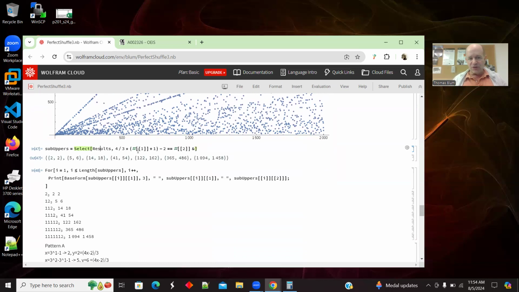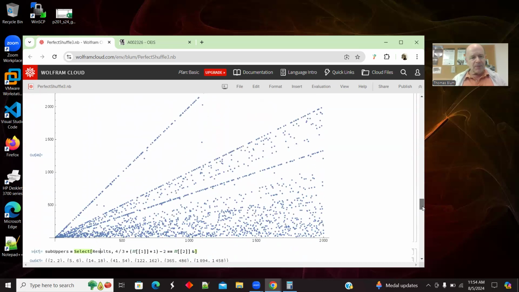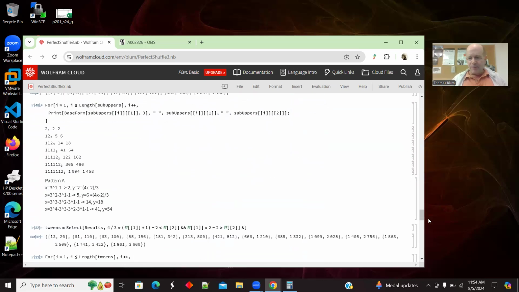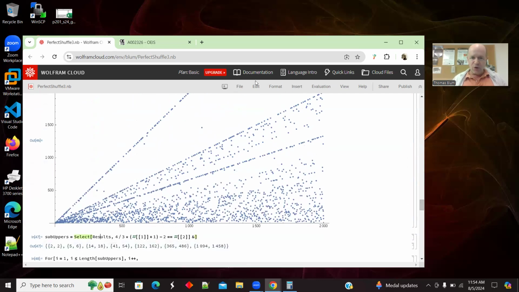The pound sign with square bracket 1 is like the X. So I have all these tuples, and they're X, Y. I'm going to refer to this as the X and that as the Y. In this no man's land in here, I am pulling out the ones that have a slope of 4/3.